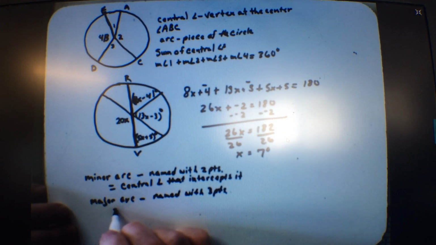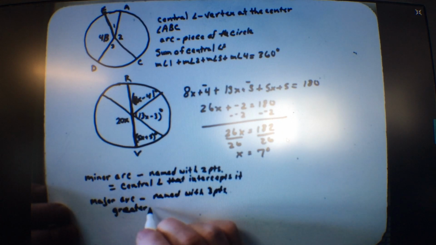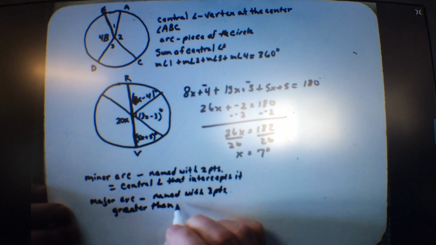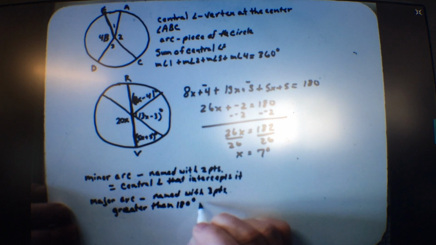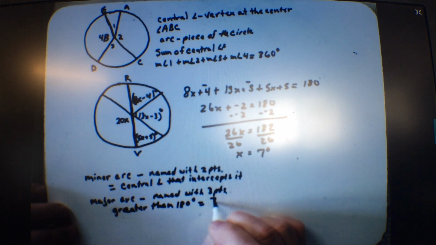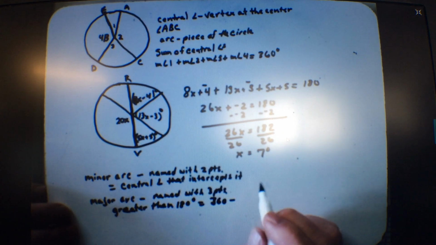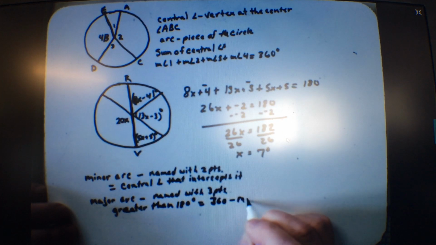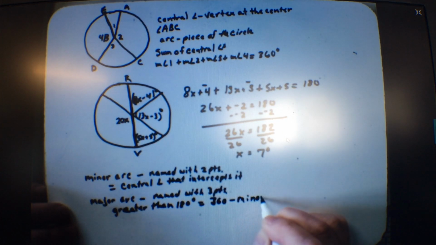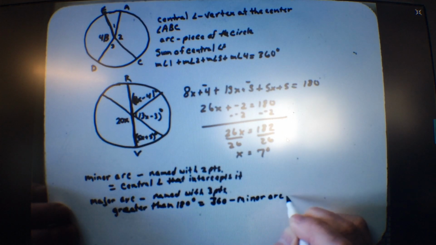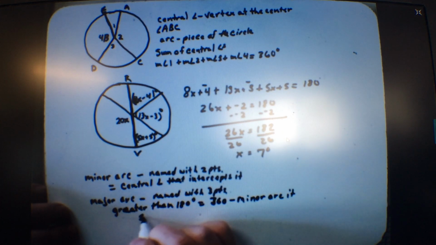The major arc is greater than 180 degrees and is equal to 360 minus the minor arc it shares endpoints with.